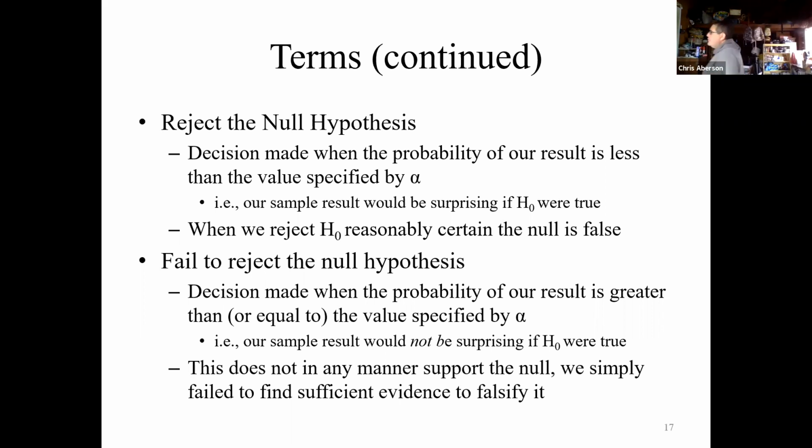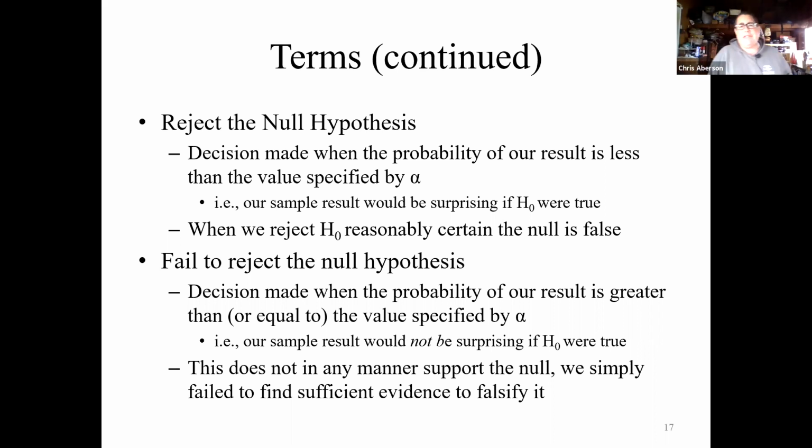So in that situation, we would reject the null hypothesis. 0 wasn't one of the values included in that plausible range of values for the population, so we reject the null. When we reject the null, we can be reasonably certain that the null is false. There are some limits to that claim, but we're pretty sure that we found something.